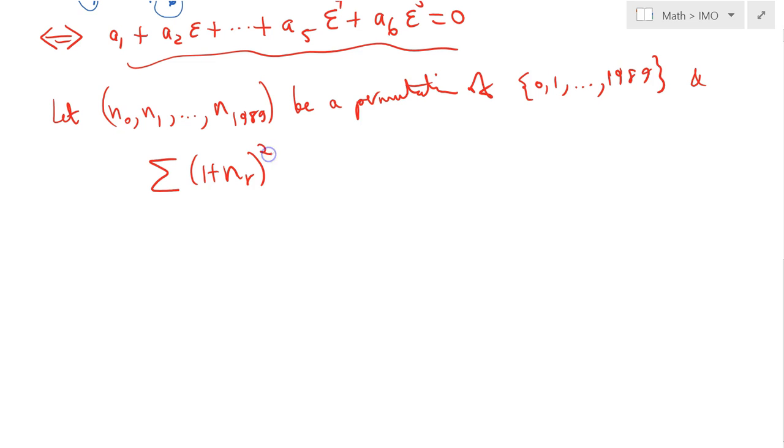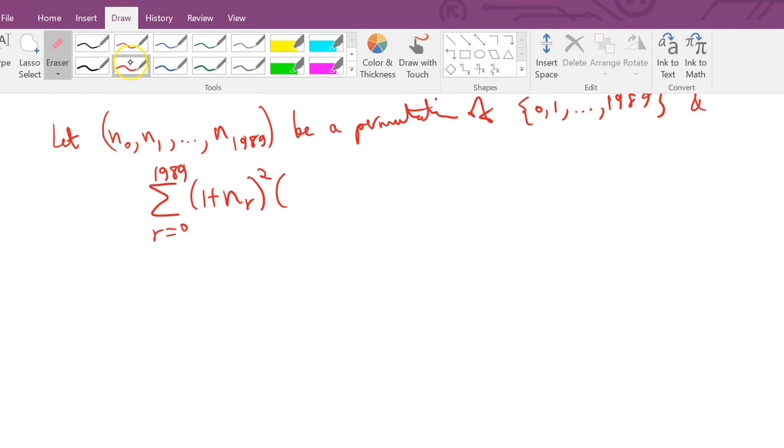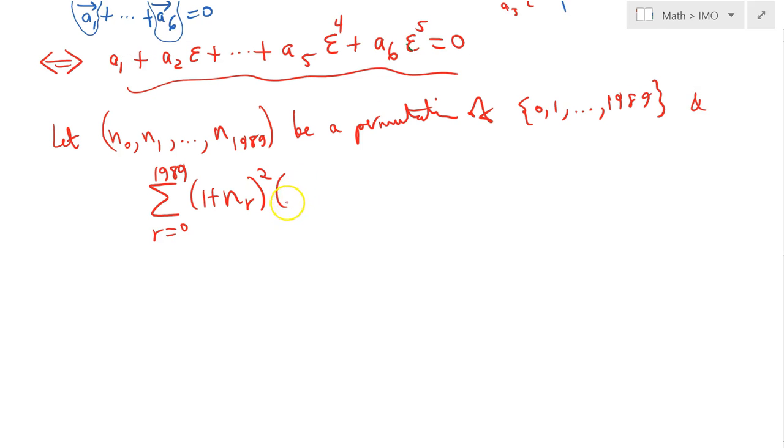The sum of n sub r squared times cosine r epsilon plus i sine r epsilon is equal to 0, where epsilon is 2 pi over 1990.